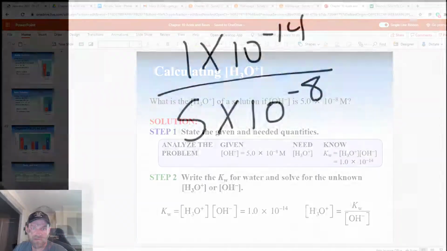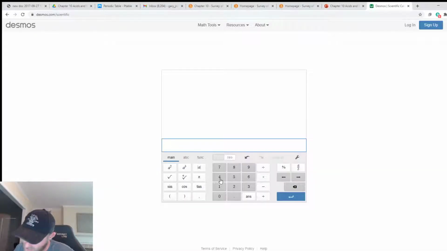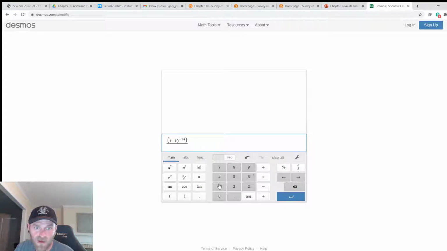Let me pull y'all to my little calculator here. 1 times 10 negative 14, in brackets, now all of that divided by bracket 5 times 10 negative 8 and bracket.